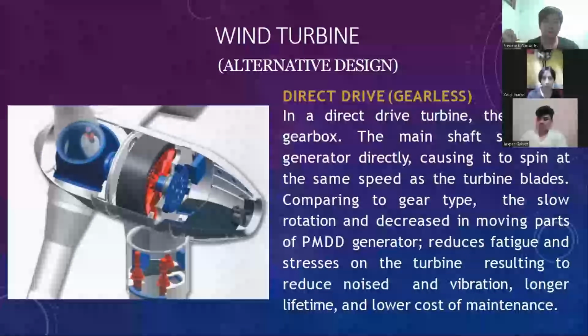So thank you. Now, if we have geared wind turbines, we also have direct drive turbines or gearless wind turbines. This makes the rotor or the wind turbine itself directly coupled to the input of the generator. Of course, since the wind turbine needs to be rotating much faster compared to a geared wind turbine, this causes much more wear on the various moving parts inside the wind turbine, making it cost more in terms of maintenance.